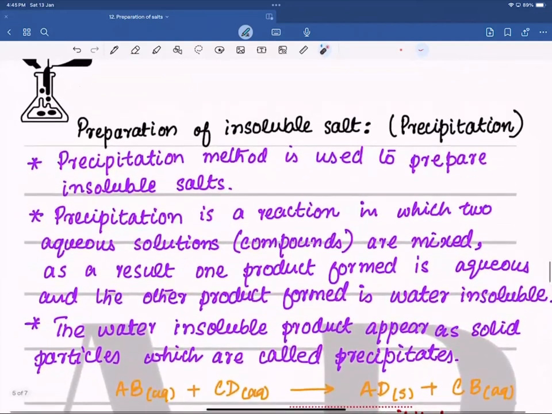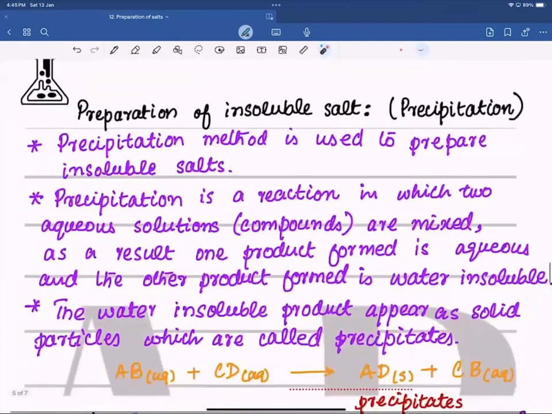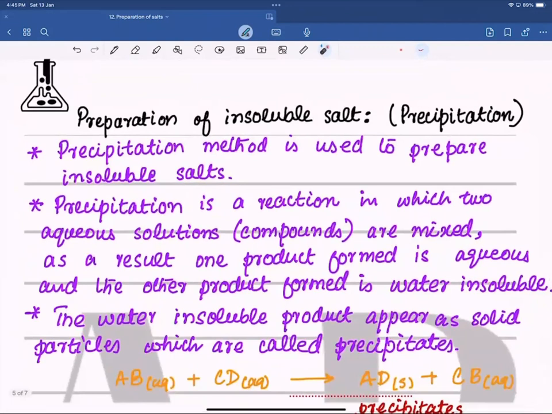And what does precipitation mean? Basically, precipitation is a reaction in which we mix two solutions. When we mix the two solutions, one of the products formed is water insoluble, so it doesn't stay in the solution. Instead, it comes out as a solid.